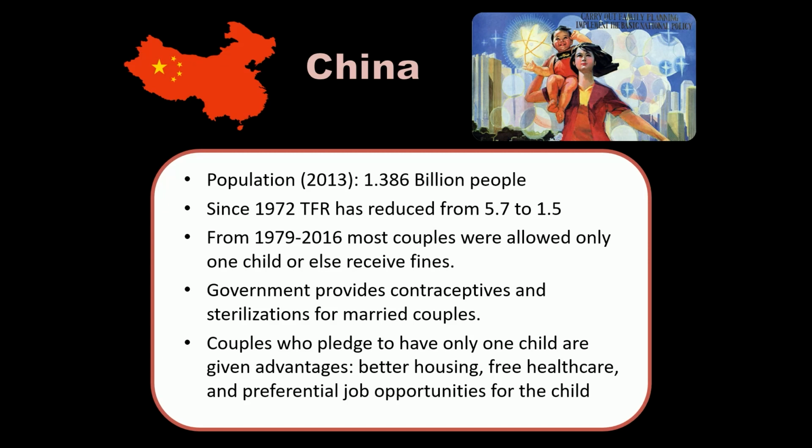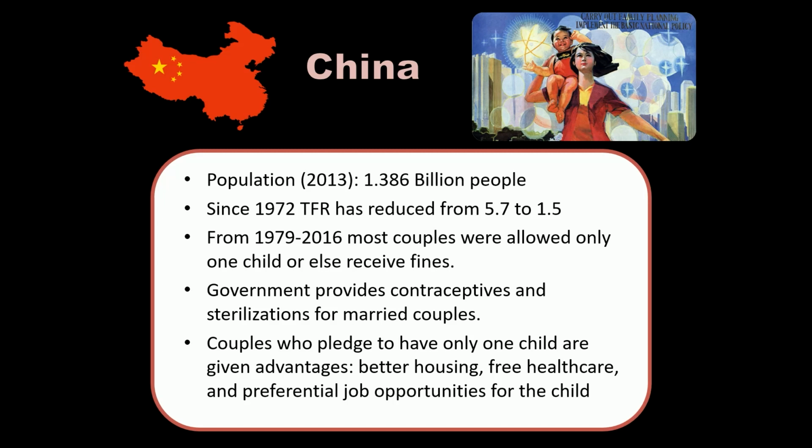Since 1972, they have reduced their total fertility rate from 5.7 down to 1.5. Again, total fertility rate is the average number of children born to a woman in her reproductive years. So we went from about 5.7 children on average to about 1.5 children on average.